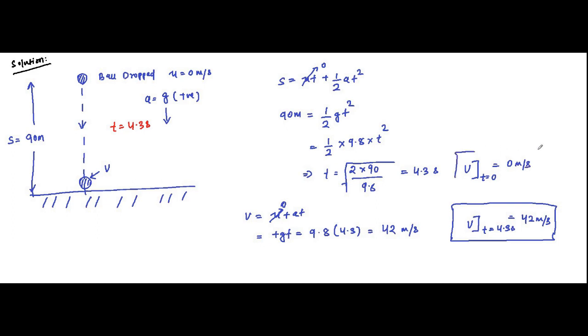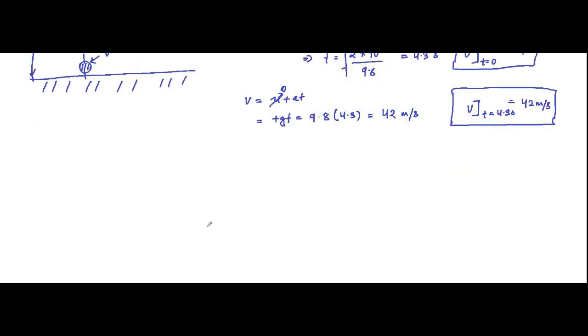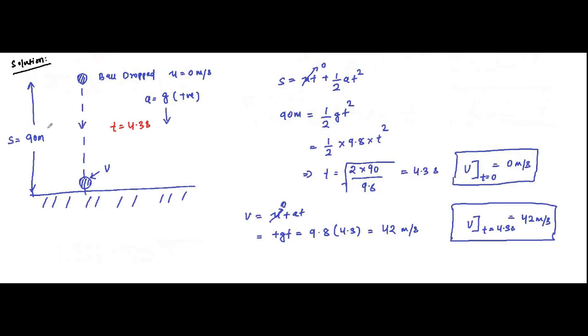These are very important things, so you better highlight them. Now it is said that upon striking the floor, it loses 1/10 of its velocity. This is the first phase. Let's call it stage 1.